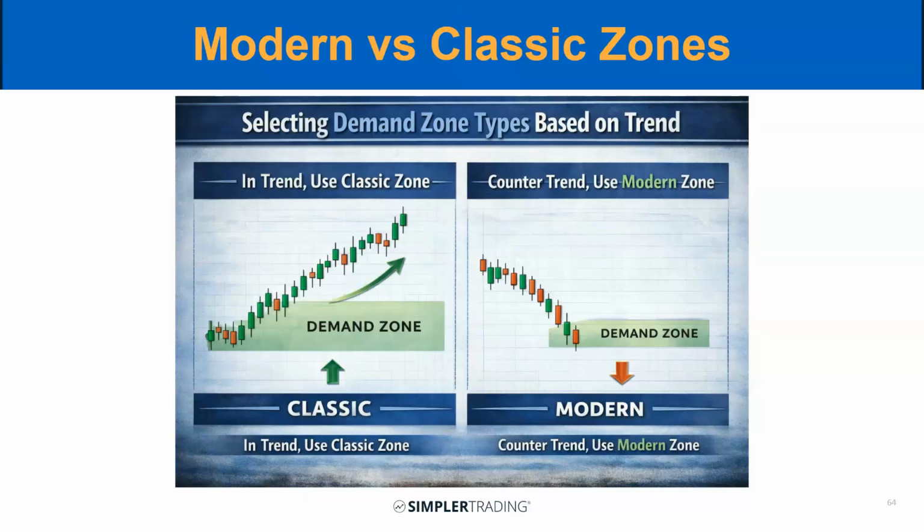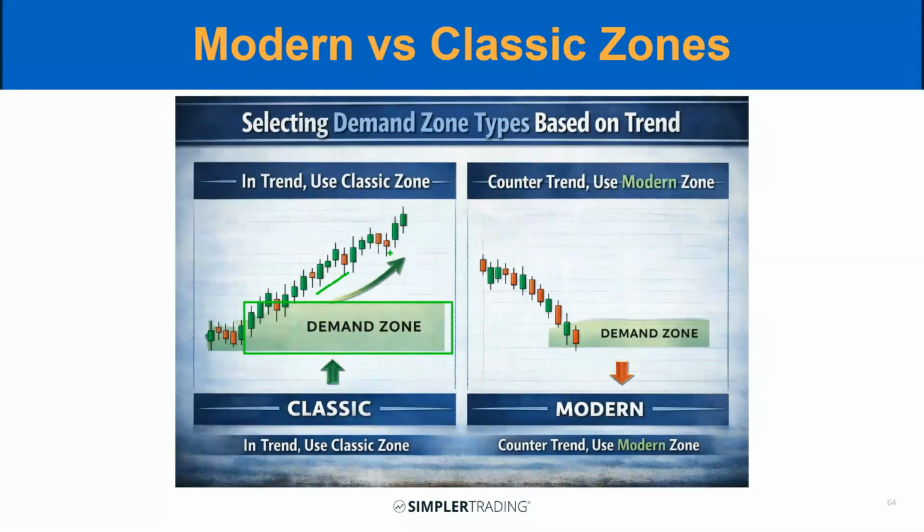With that being said, I will use the wider zone if I'm trading within the trend. So look at this slide right here. You can see that there is a wide demand zone, but look at how the candles are moving up, making higher highs and higher lows.